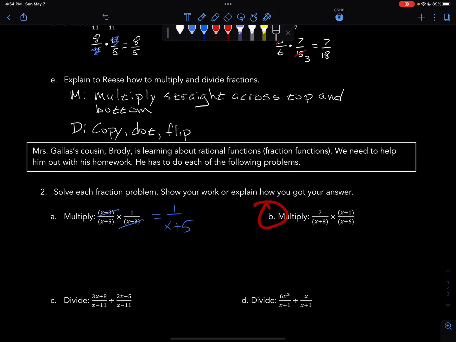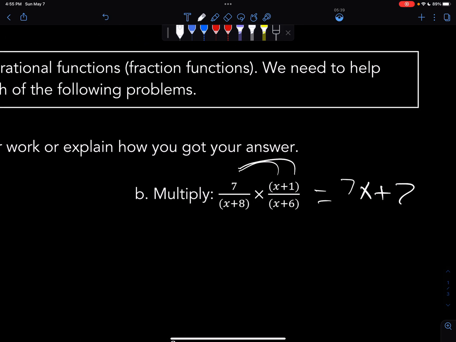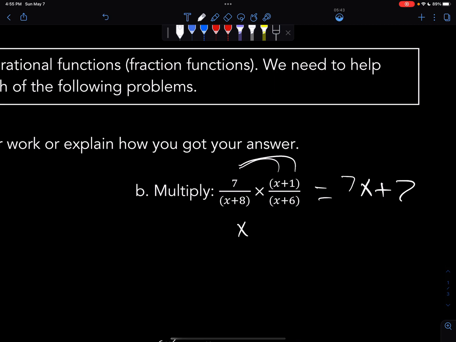Moving on to B. Looking here, we can distribute this 7 into the parenthesis. So we get 7x plus 7. And then with the x plus 8 and x plus 6, we can do the box method to multiply those.